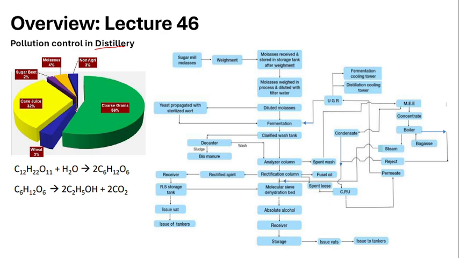But particularly in India, molasses, which contains around 40 to 50 percent sugar content, is the major feedstock in our country for producing ethanol. How is this ethanol formed? We use any kind of feedstock which is rich in disaccharide. The disaccharide is C12H22O11.